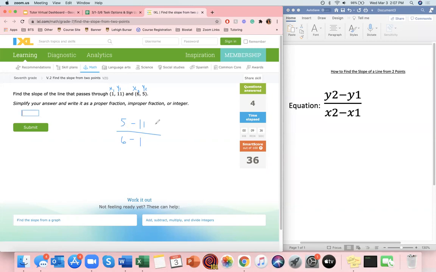So 5 minus 11 would be negative 6, and 6 minus 1 would be 5. That's our final answer, negative 6 over 5.